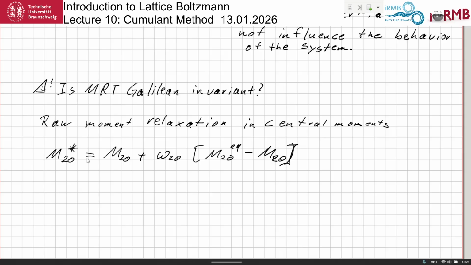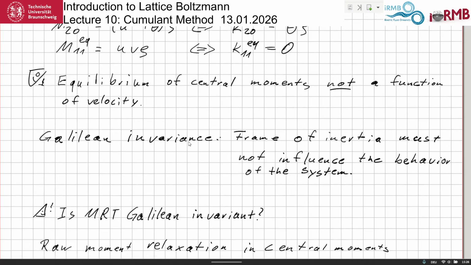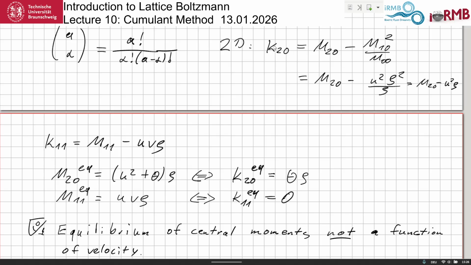I'm taking this because we've already done this. K20 is M20 minus this thing here, so I can replace M20 by K20 plus this thing here.